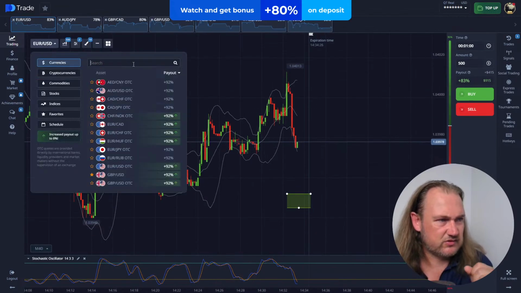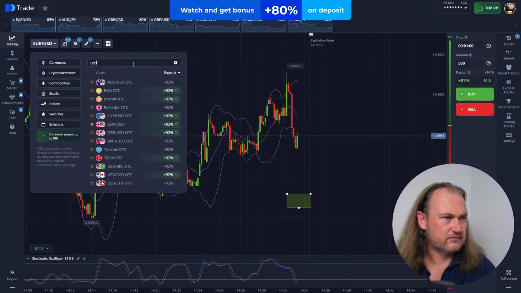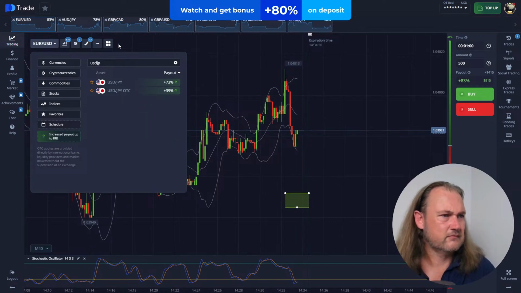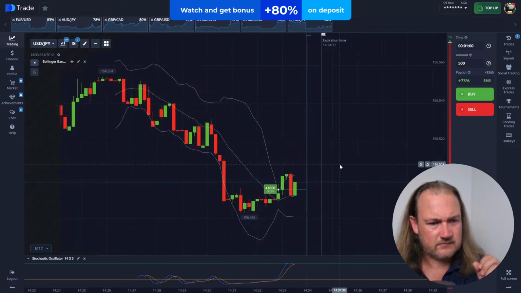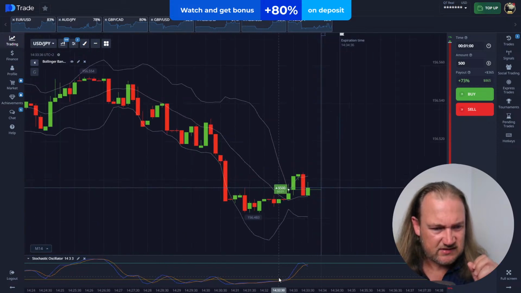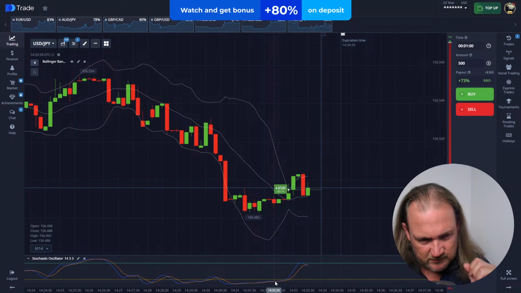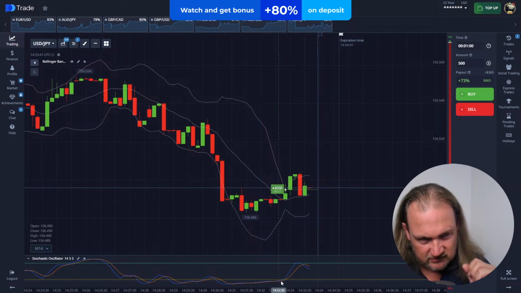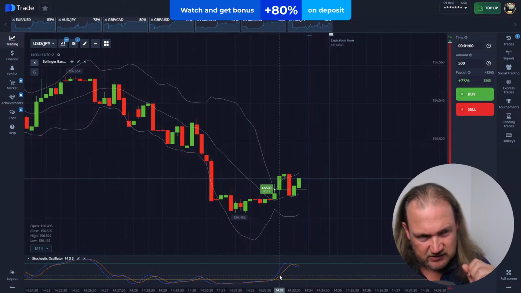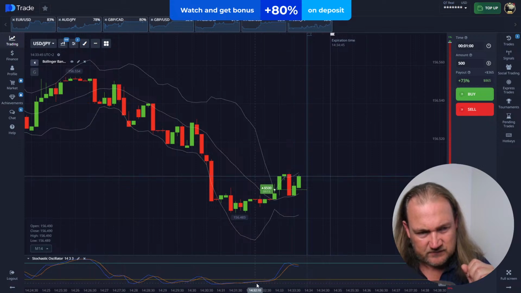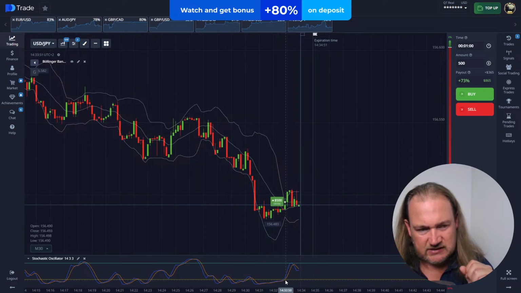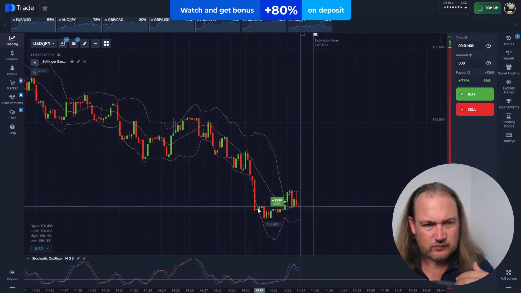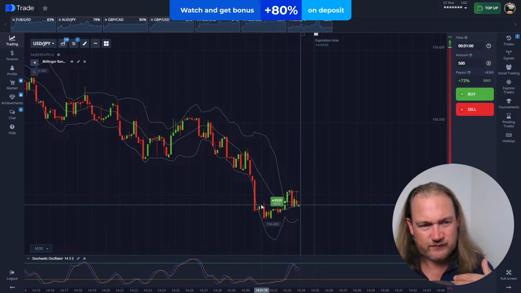We'll switch this one to USD. Okay, so we can see that it was going up. The K line came back and hit the D line and then opened up again to the top side. So this is a very, very faint jump and not quite ideal, but it is kind of like our conditions we've kind of met.